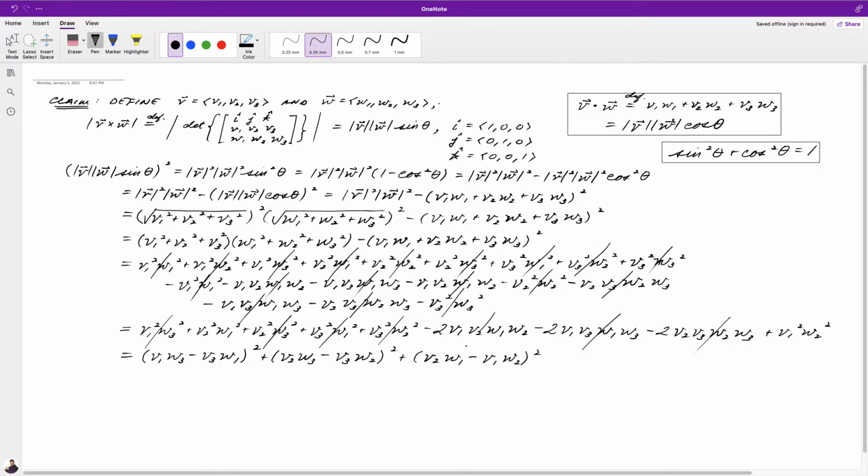So we now have accounted for everything. Very good. So this is the square of the magnitude of the cross product. So to find just the magnitude of the cross product, we are going to take the square root of this. Taking the square root of all of this.